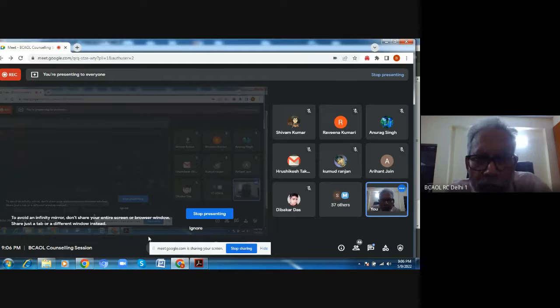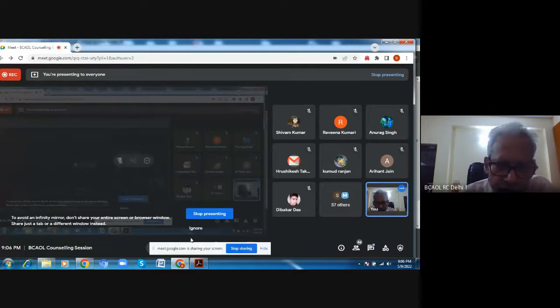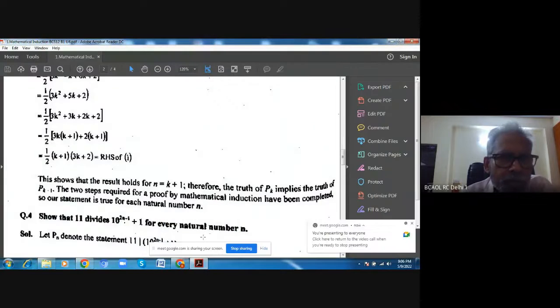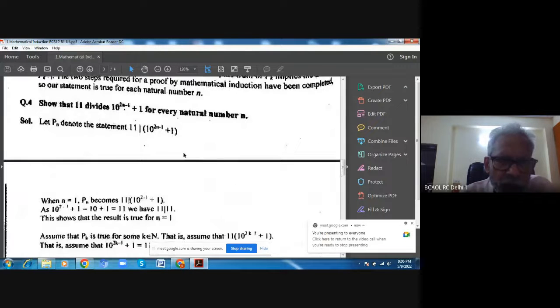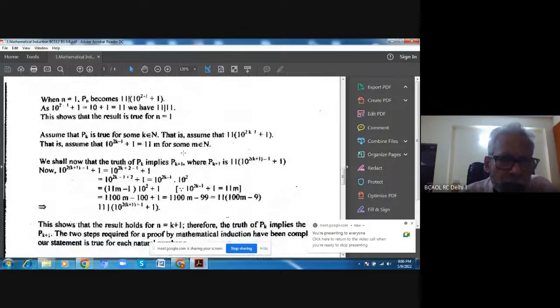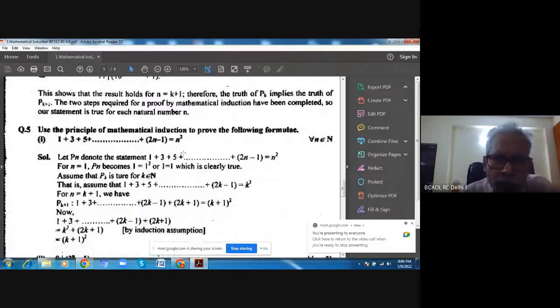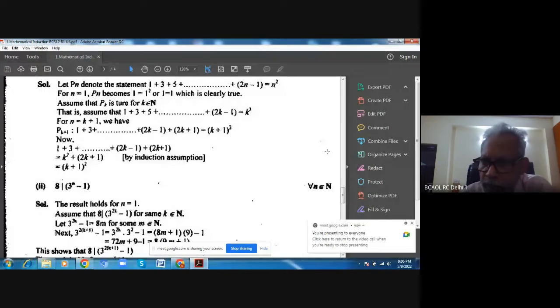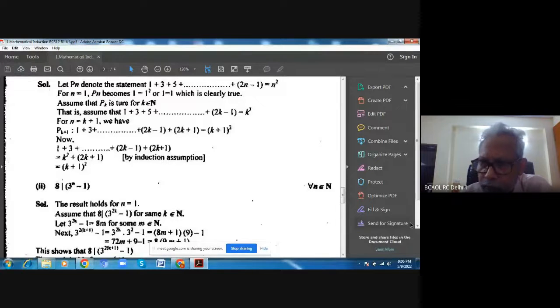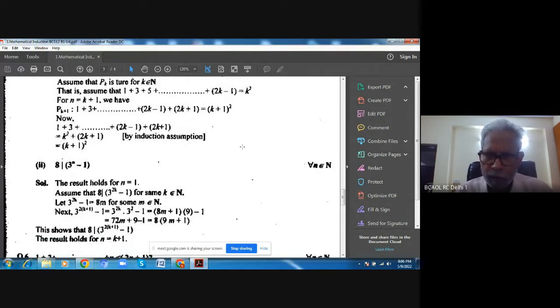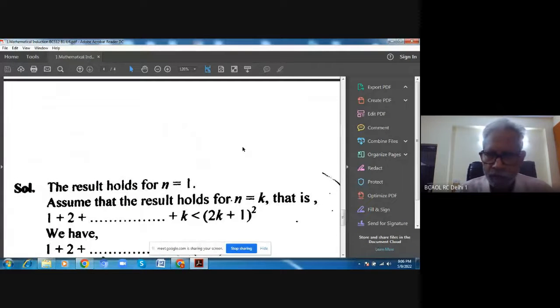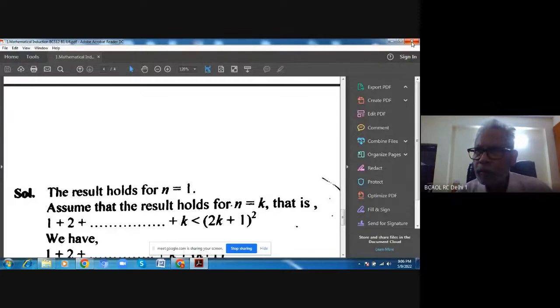Second step, k plus 1. Okay, that you have to. Anyway, let's see another example, then it will be more clear. I can show you another problem. Okay, let's see.